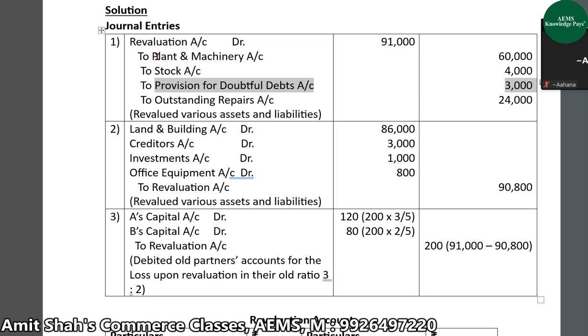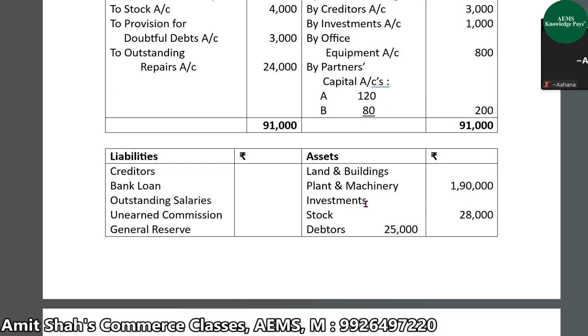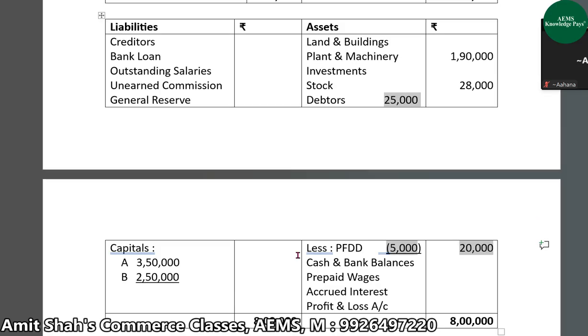There is no change in debtors here at all. We have not used the debtors account anywhere. So debtors will remain the same, 25. However, PFDD will increase by 3,000 and will become 5. So now net debtors are 20,000, 25 minus 5. And this is what the question wanted us to do.